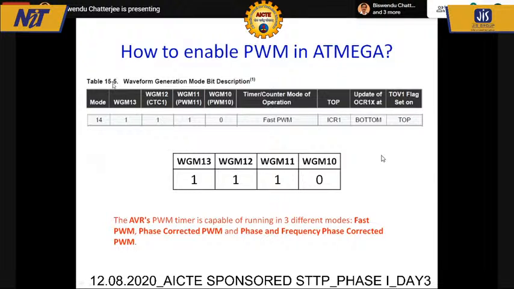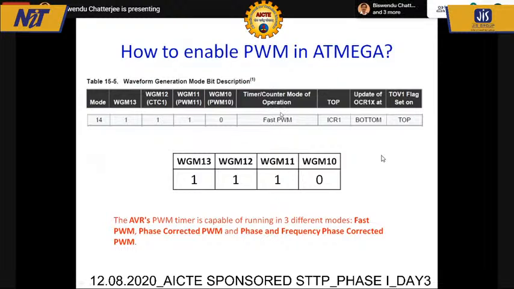This is Table 15.5 in the datasheet. It consists of several modes, of which we will be using only mode number 14. This mode 14 is the fast PWM mode.